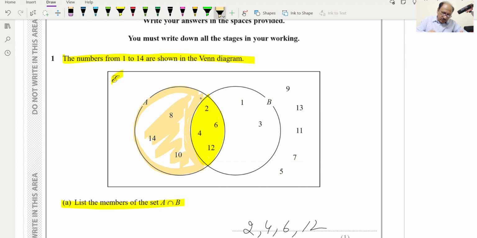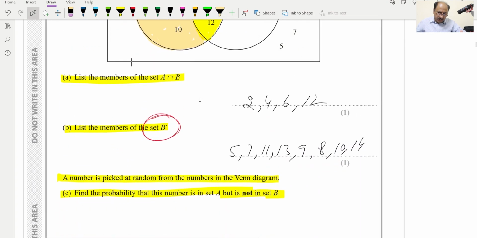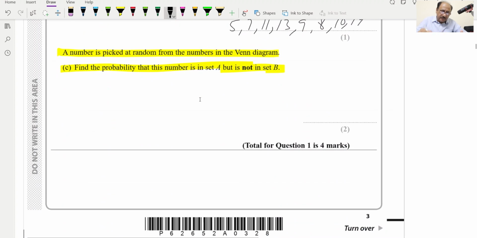This is comprising only 3 members which are 8, 14 and 10. So the count of members will be 3 out of the total, which is 14. So the probability will be 3 out of 14. This will be the final answer for this question.